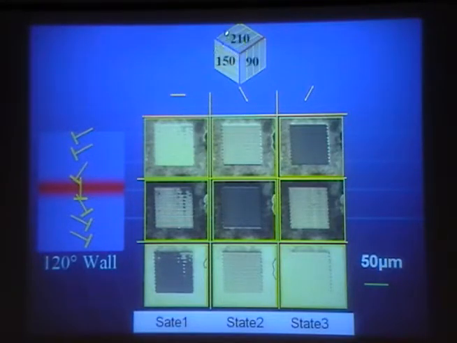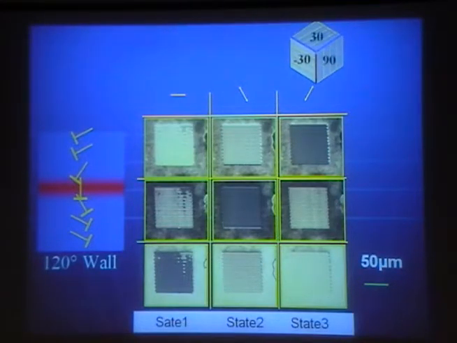What happens is the orientation of this domain was reversed, so 30 degree is now 210 degree. Then the average is 210 plus 90 plus 150, divided by 3.